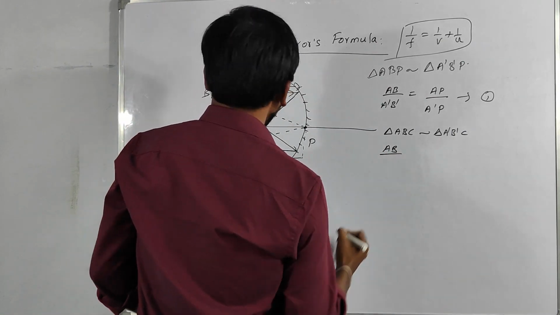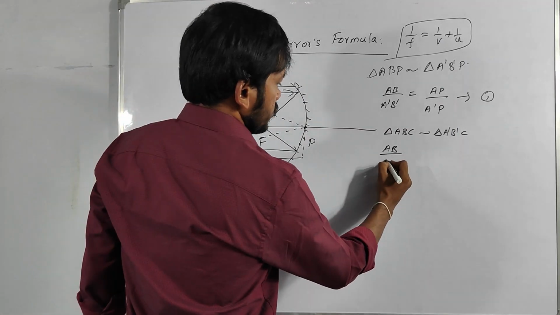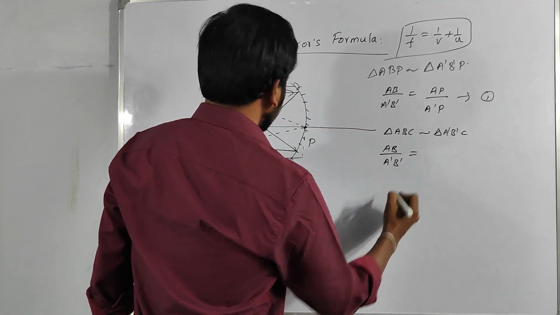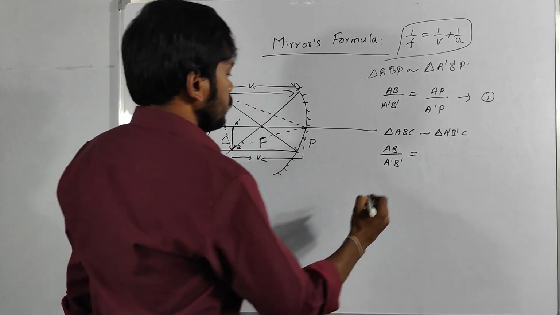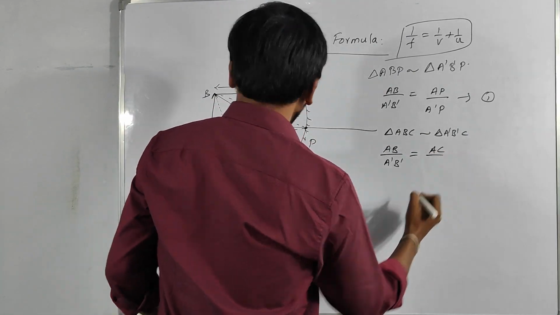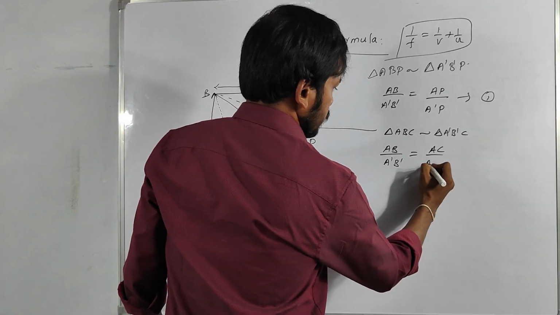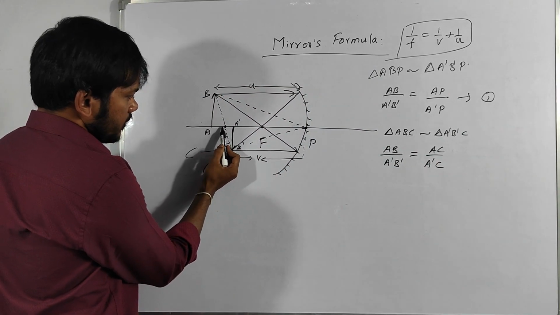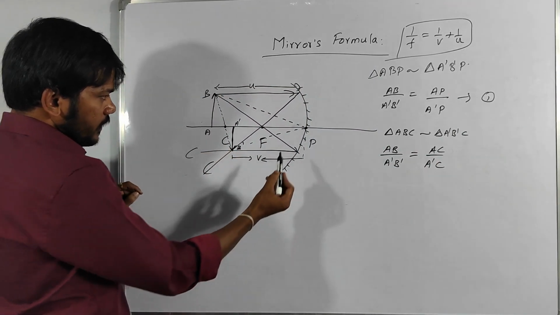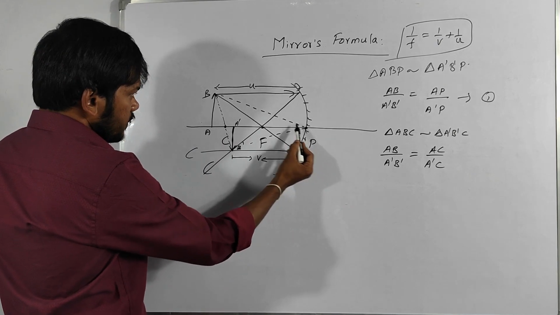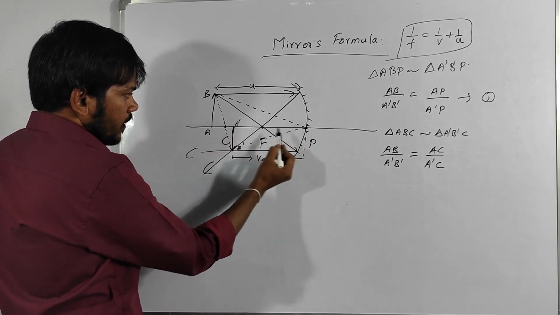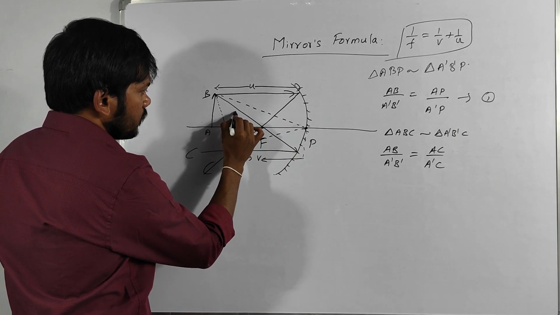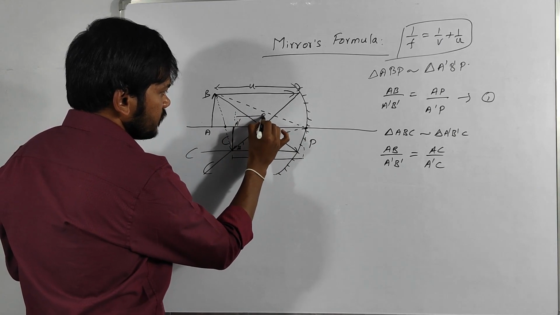AB by A dash B dash is equal to AC by A dash C. But if I require this AC, what should I do? If I clearly see, this is U and this is R, no? This is R.